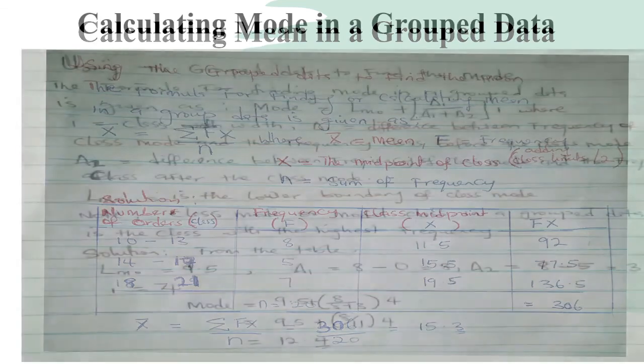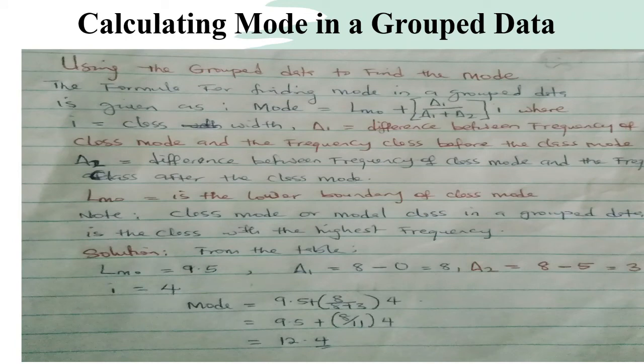Calculating mode in grouped data. The formula for finding the mode in grouped data is LM plus delta 1 divided by delta 1 plus delta 2, in brackets, times i, where i is the class width.